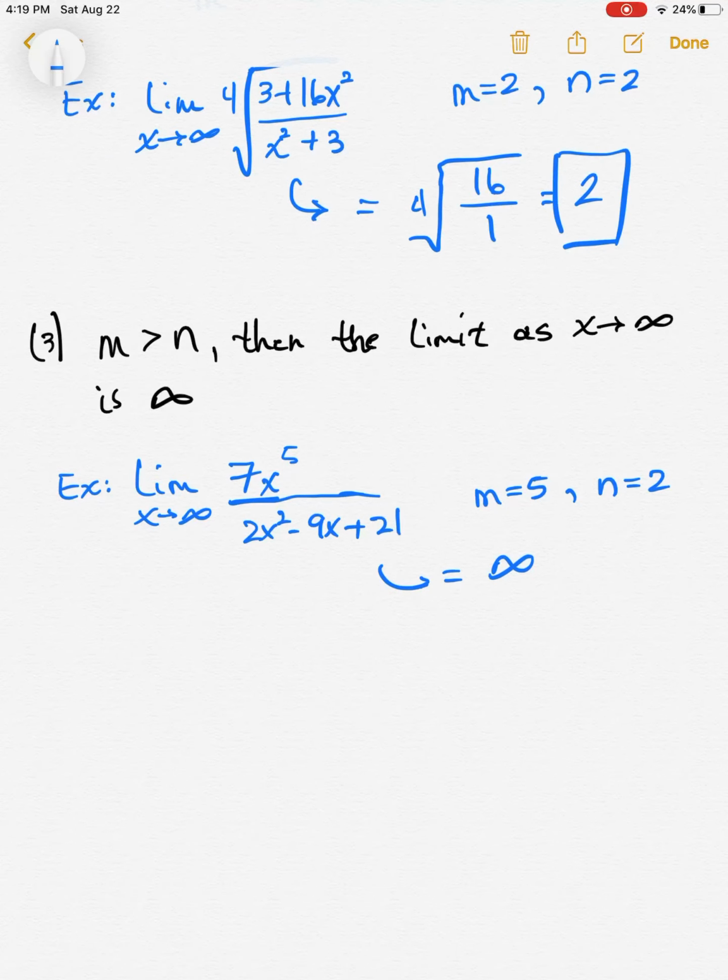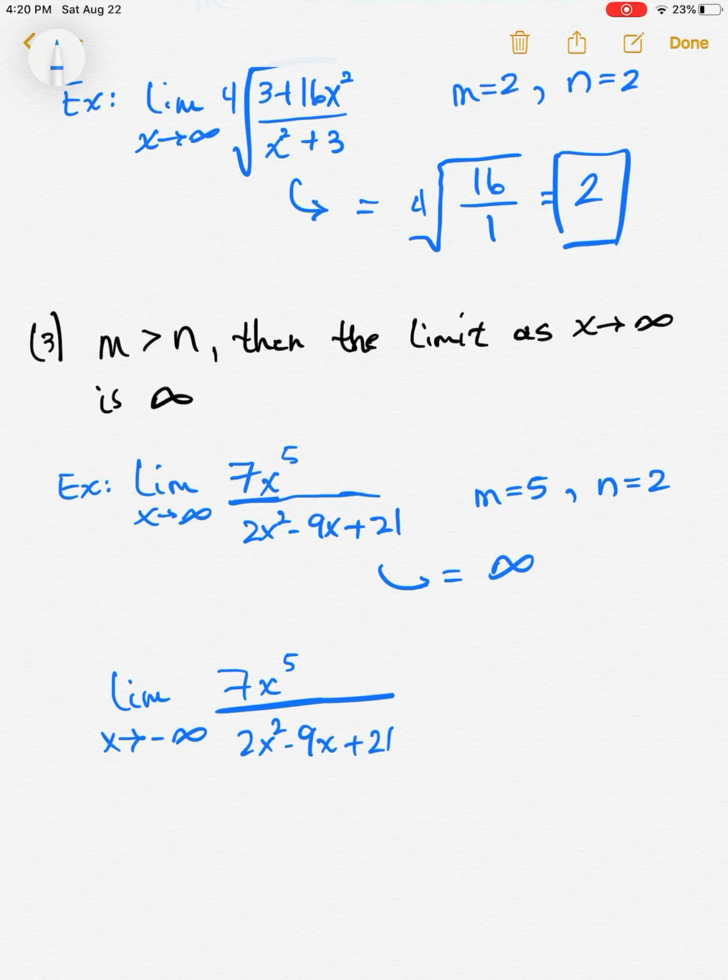Let's say we had the exact same example, but the problem said the limit as x approaches negative infinity of 7x to the 5th over 2x squared minus 9x plus 21, and so on.